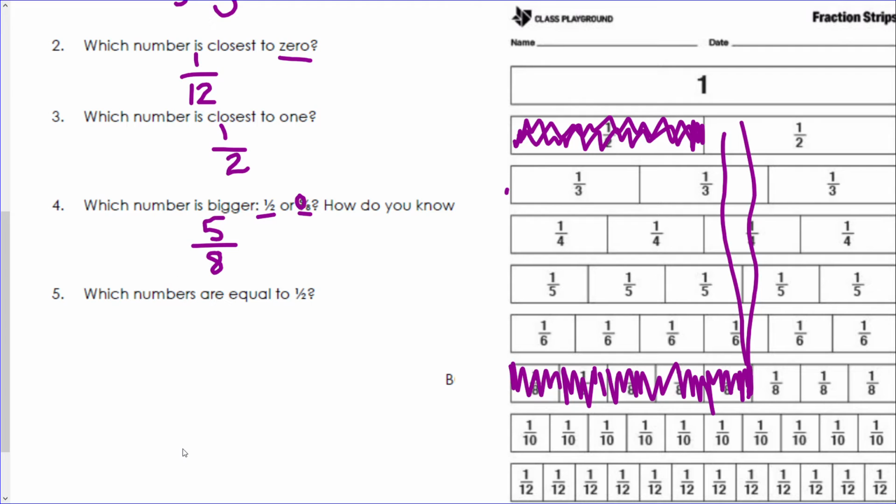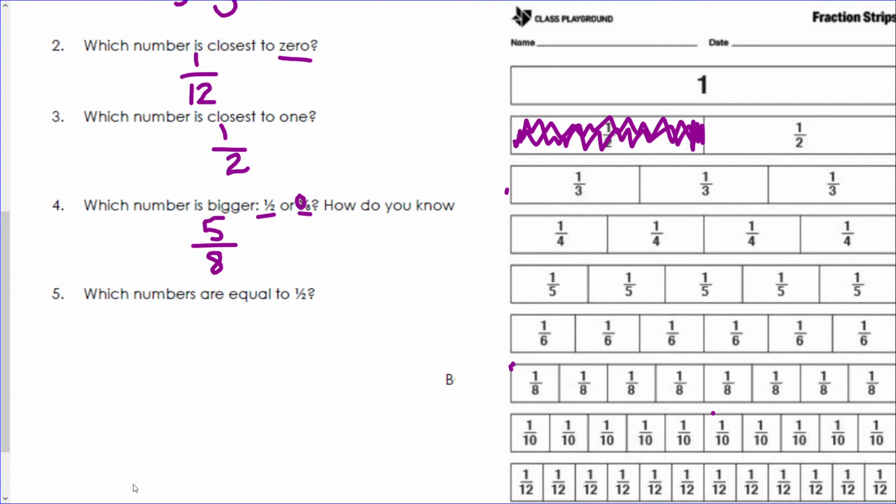All right, so we're going to erase this again. And then we're going to take a look at number 5. Which numbers, numbers plural meaning more than one. So which numbers are equal to 1/2? So I left the 1/2. I want this to go straight down.